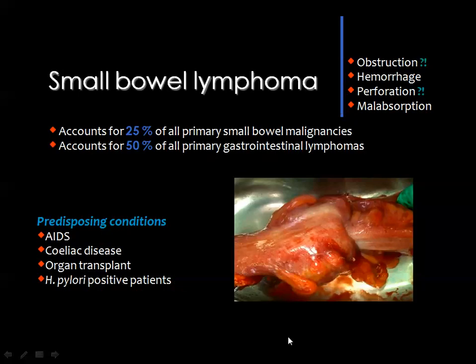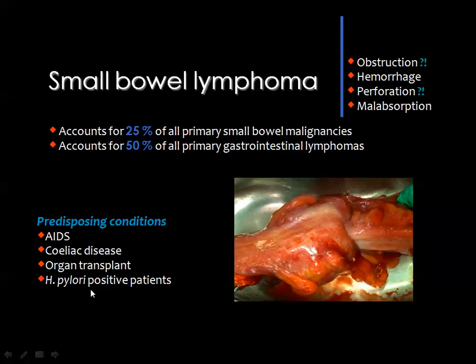Small bowel lymphoma represents about 25% of all primary small bowel malignancies and 50% of all the primary gastrointestinal lymphoma. The predisposing factors are AIDS, celiac disease, immunosuppression due to organ transplant, and Helicobacter pylori infection.